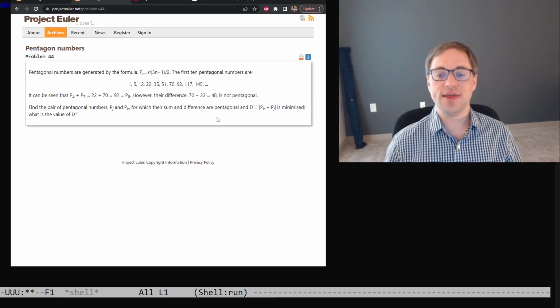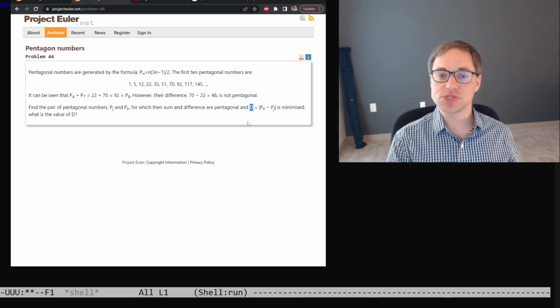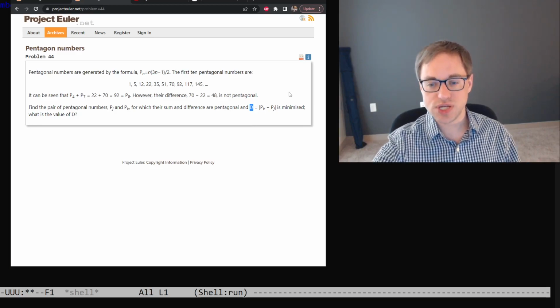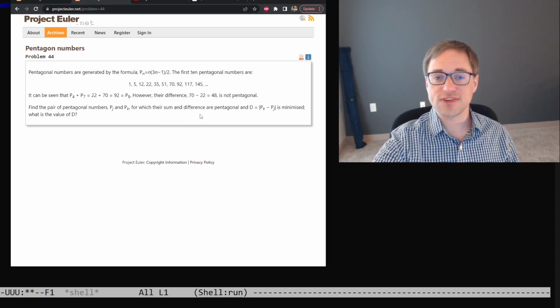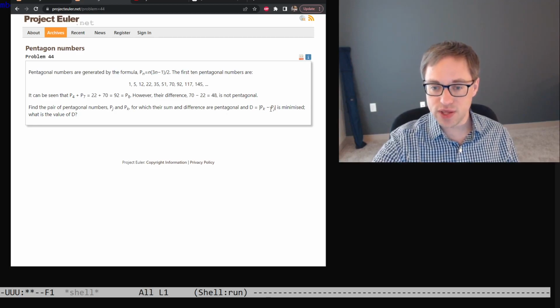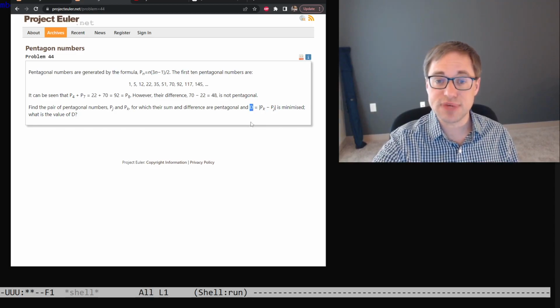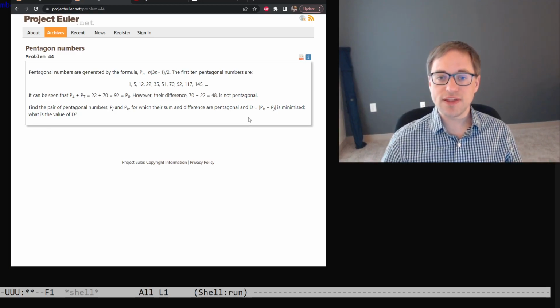One caveat to that is that we have to make sure that we're iterating over d as our outermost loop. That will guarantee that d is minimized, which is required. Note that this is also the reason why we're iterating over p sub j and d as opposed to, say, p sub j and p sub k, because we can't guarantee that d is minimized if we're iterating over these two values instead. So with all that in mind, let's get to writing some code.